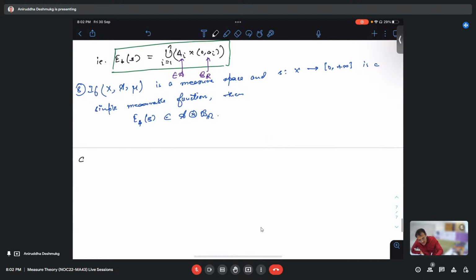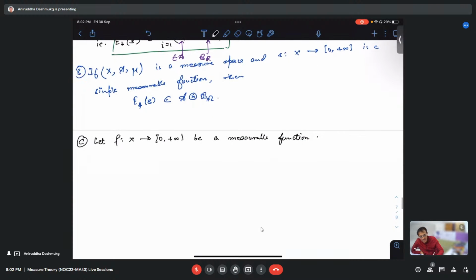So let us look at the third result. That is, let f from X to 0 infinity be a measurable function. I am not writing non-negative because I am already writing 0 to plus infinity, so that non-negativeness is already written in the hypothesis.